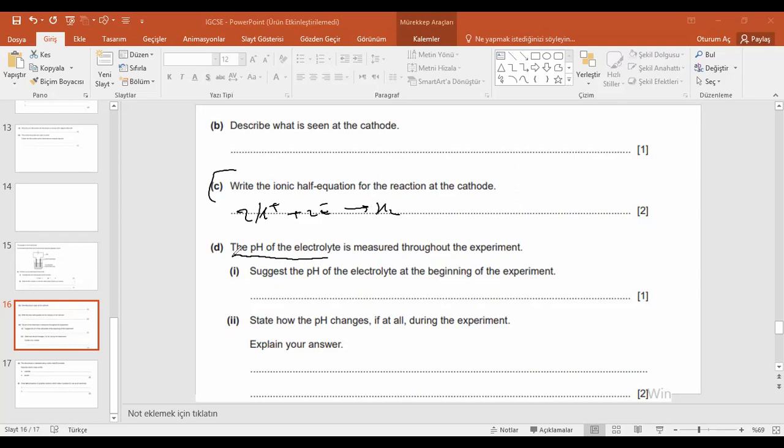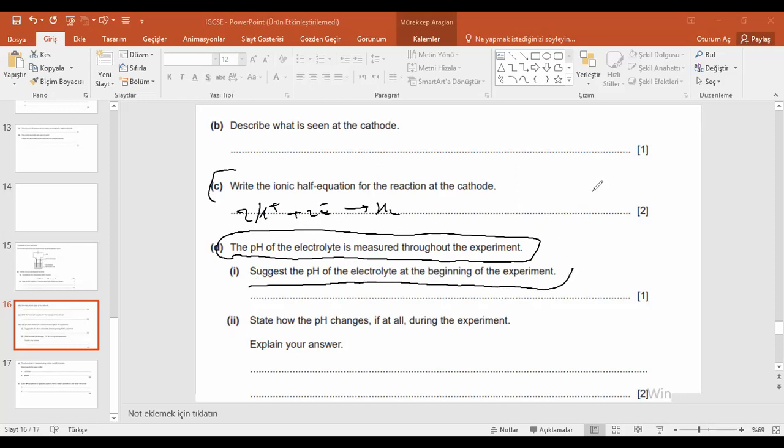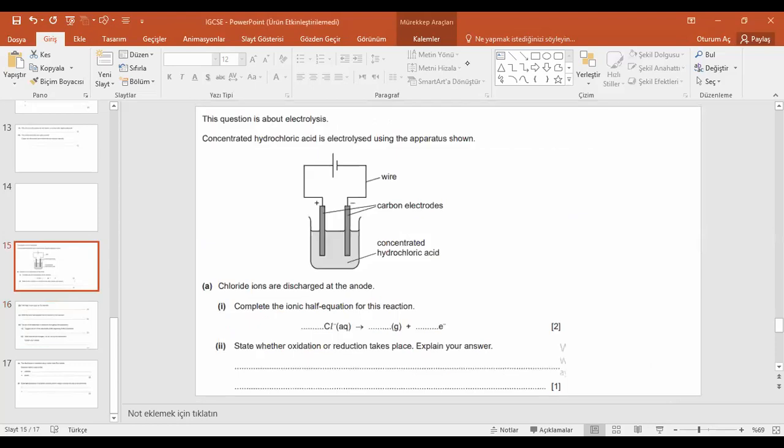The pH of the electrolyte is measured throughout the experiment. We keep measuring the pH. Suggest the pH of the electrolyte at the beginning of the experiment. At the beginning, look guys, here we have HCl. HCl is a strong acid.